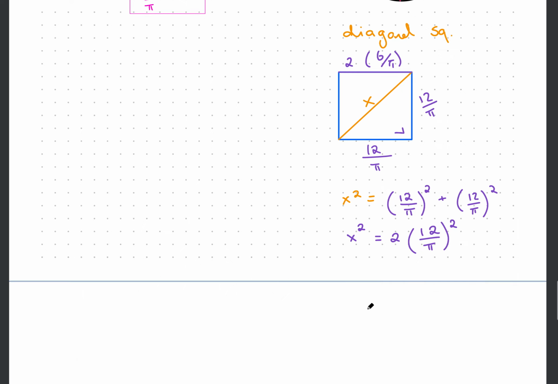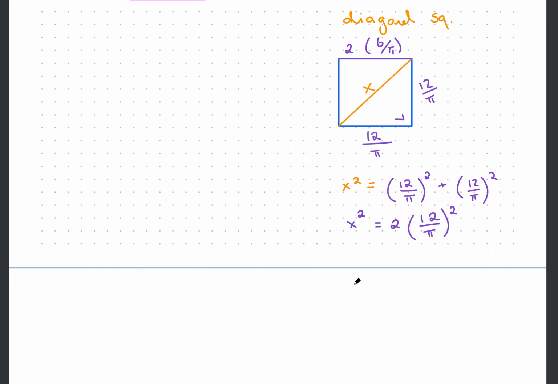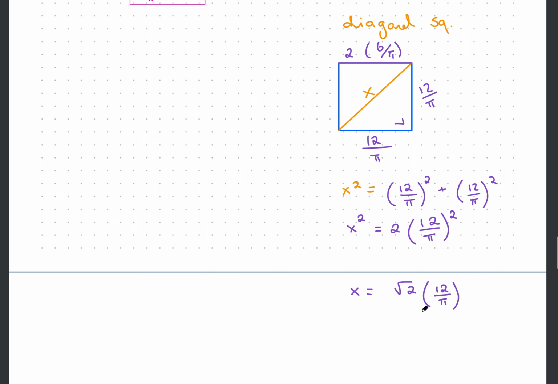And then I need to work that out. So I'm actually going to get x is equal to root 2 by 12 over pi is what our x works out to be. So that yellow part is root 2 times 12 over pi.